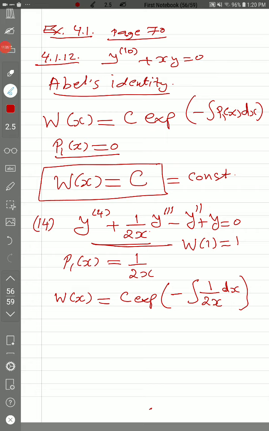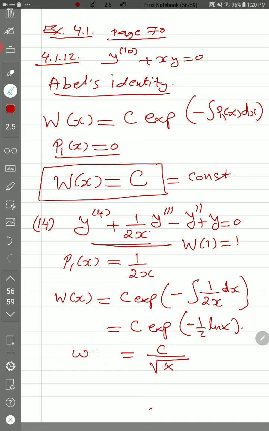Okay, now we need to integrate. This is very easy. c exponential, and you can just take minus half ln x, take the power up, and the minus will be cancelled with the exponential, so it will be c over the square root of x. This is the value of x.